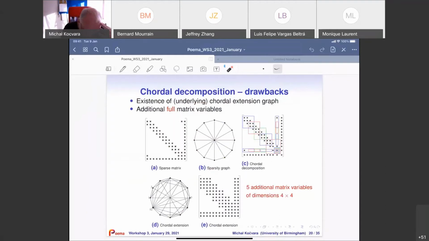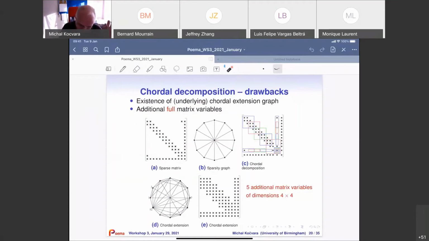For instance, if we have a matrix looking like that, then the sparsity graph of that matrix is this nice, let's say, wheel. And if we decide to partition the set of indices into 6 index subsets, we would get 5 additional matrix variables of dimension 4 by 4.